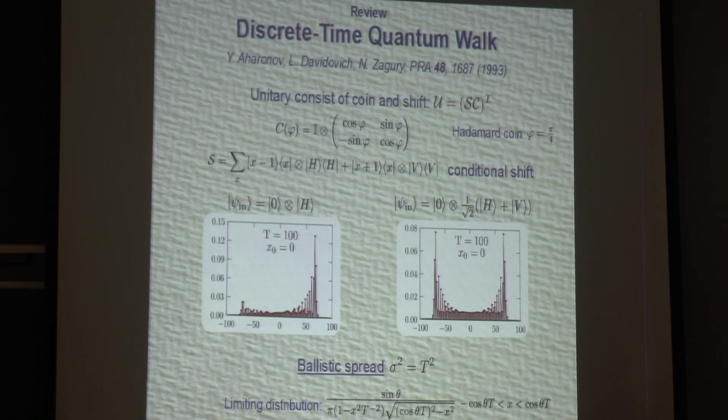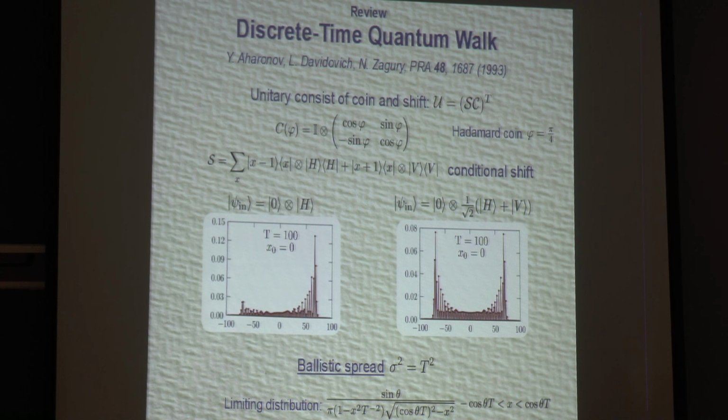The second model corresponds to the discrete-time quantum walk. And here, a step of a walker consists of two operations, tossing a coin and conditional shift. Most often chosen coin is the Hadamard coin, which has this particular feature that it does not treat in the same way the head and tail, not in equivalent way.